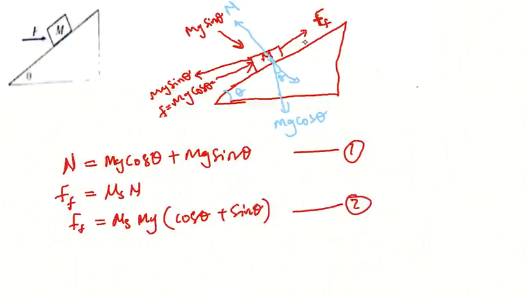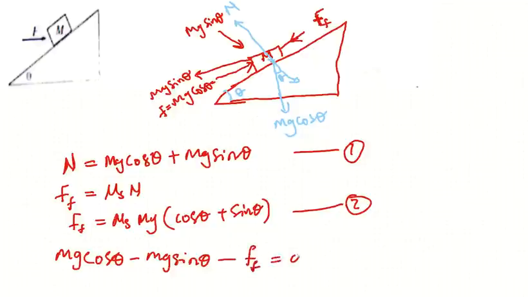So for this, I've noticed something. The frictional force should be against the force, not in the direction of the force, so the frictional force will be pointing downward. We have the net force to be mg cos theta minus mg sin theta minus the frictional force equal to 0.